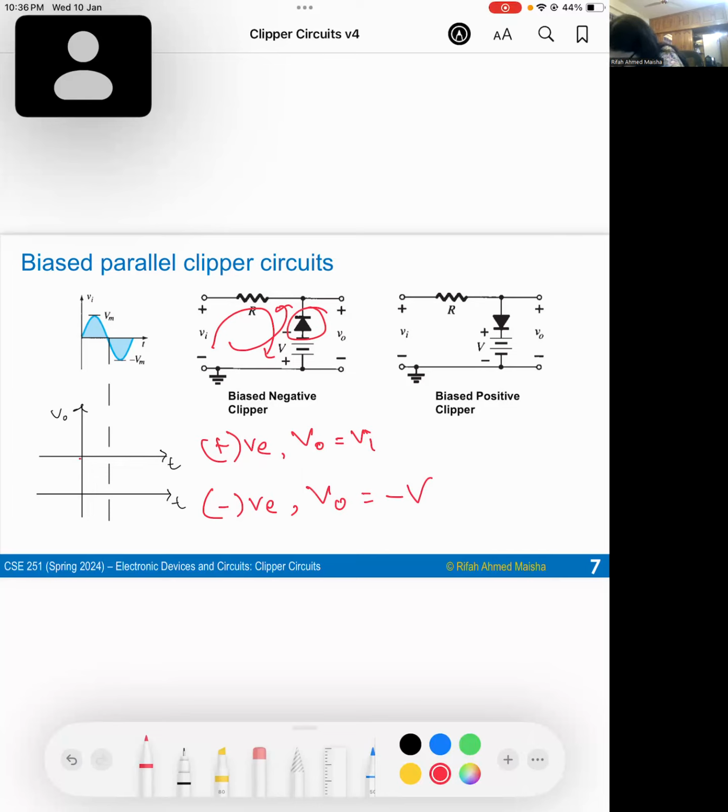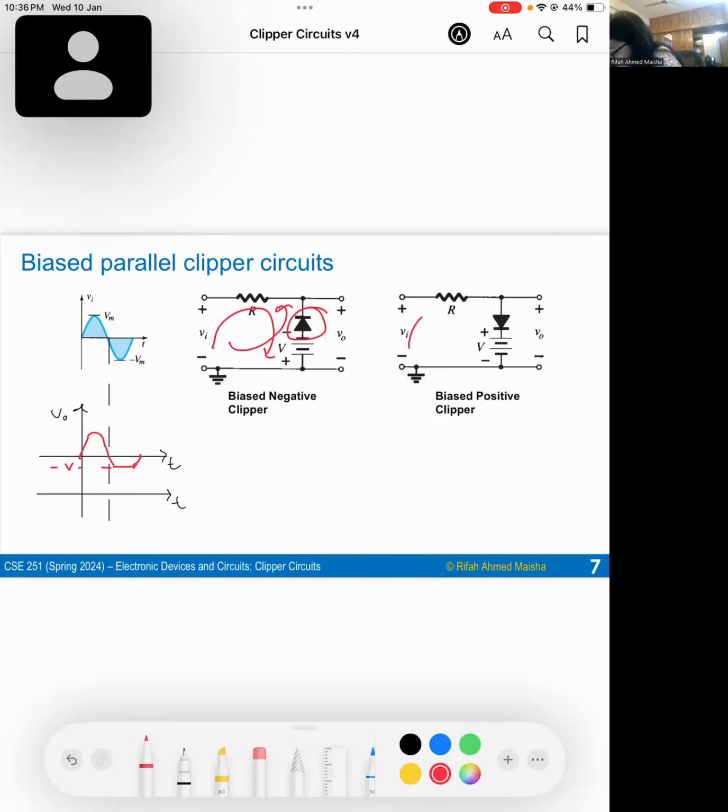So if we draw the waveform, it will look like this. Here the waveform is clipped off after the bias voltage.